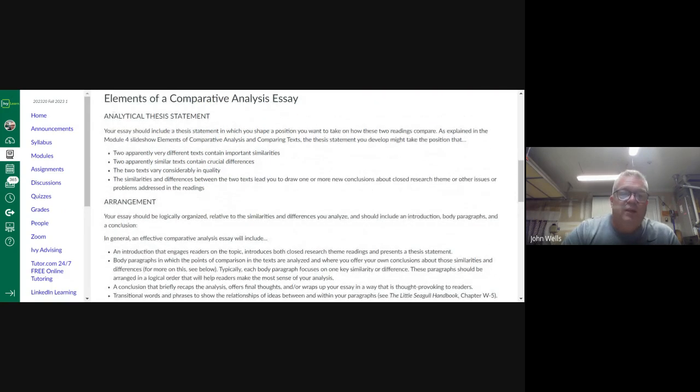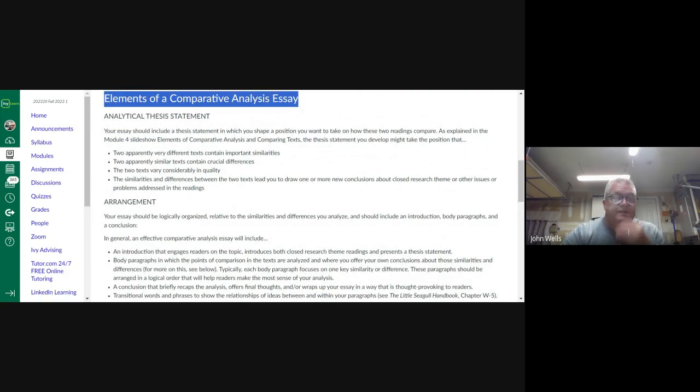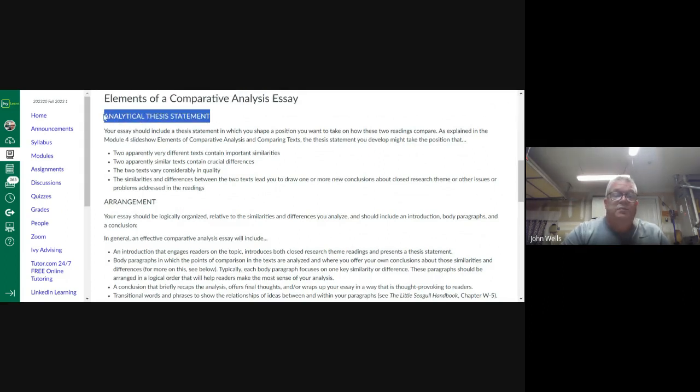So what are some elements of that comparative analysis essay? Obviously, we want to start with that really analytical thesis statement. What does that mean? In our introduction, we have the titles and the authors, right? And we want to have that. What is the one big thing we're looking at? What is the one approach we're taking?